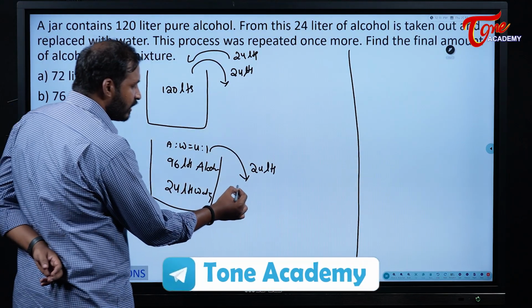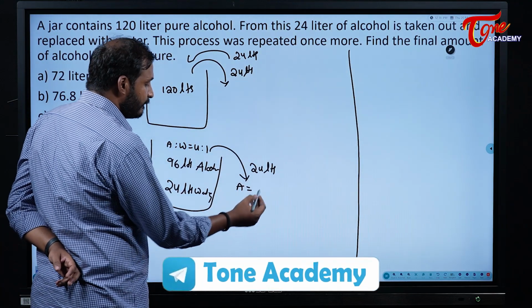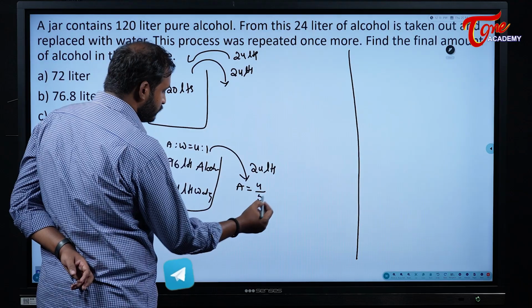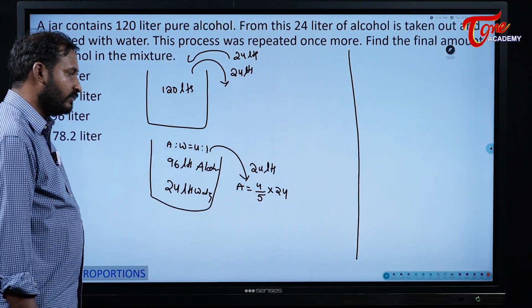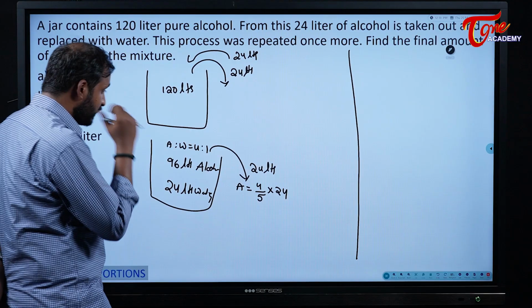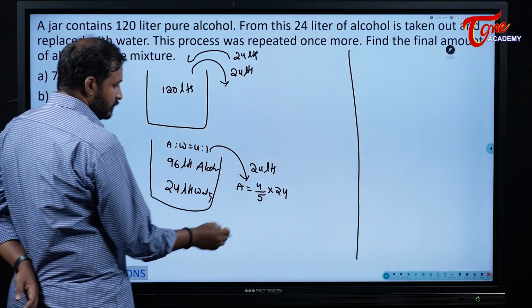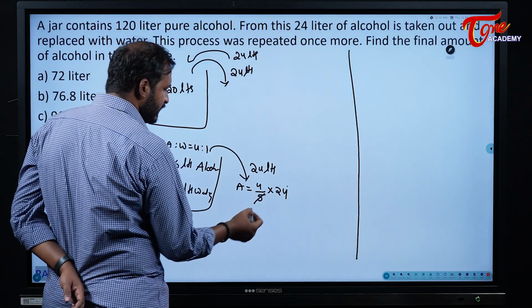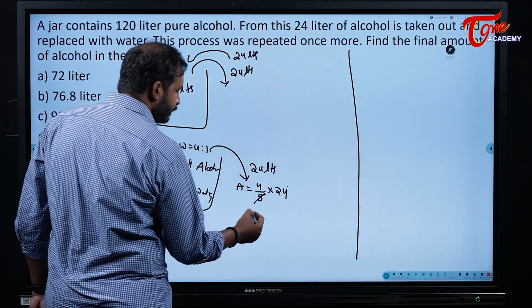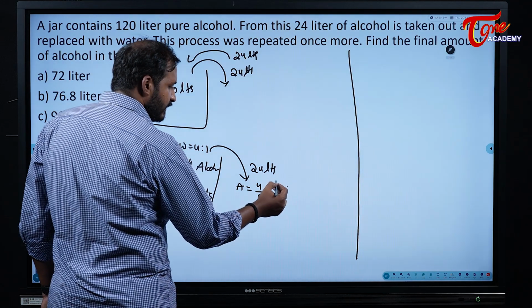So now tell me, what is the alcohol quantity which will come out? 4/5 into 24. Or else 96/5 also you can take. It is up to you, you can take any value.